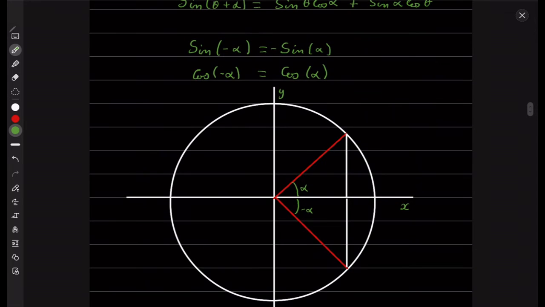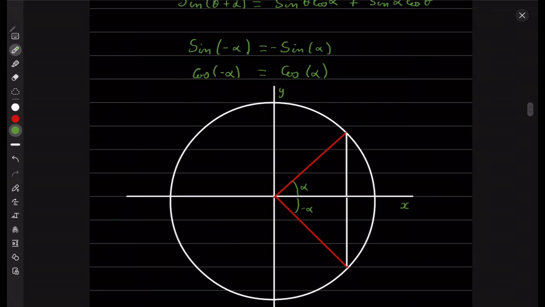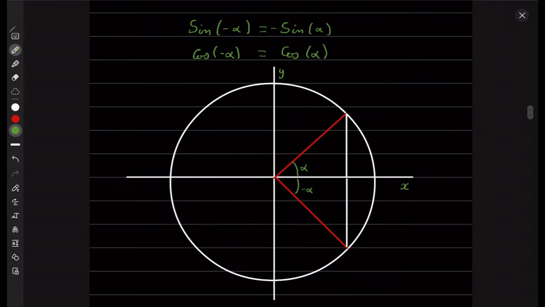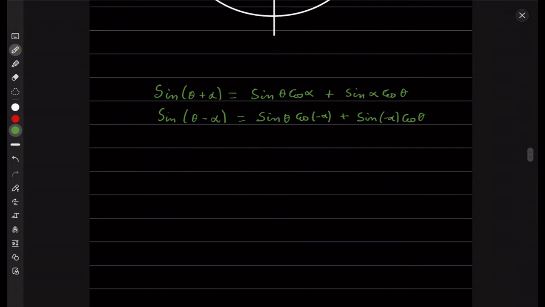We know that sine minus alpha is minus sine alpha, and cos minus alpha stays the same, so we don't even have to worry about that.